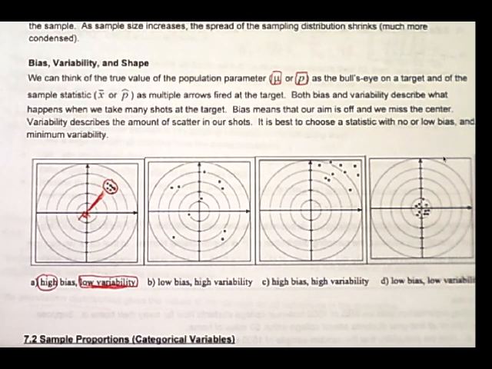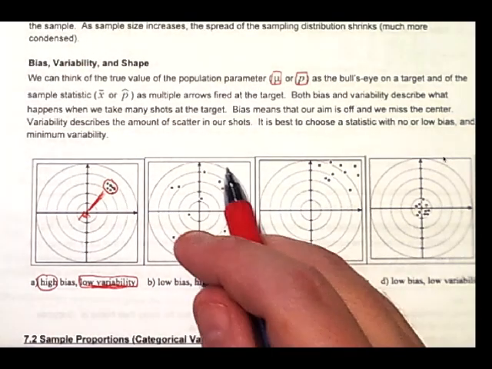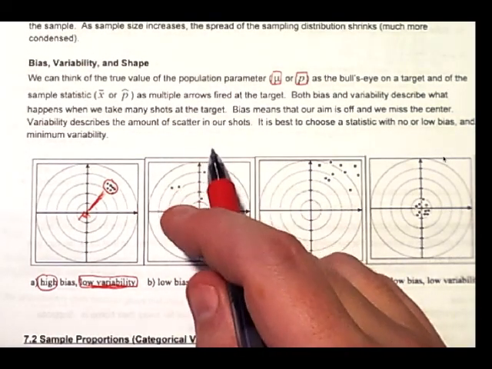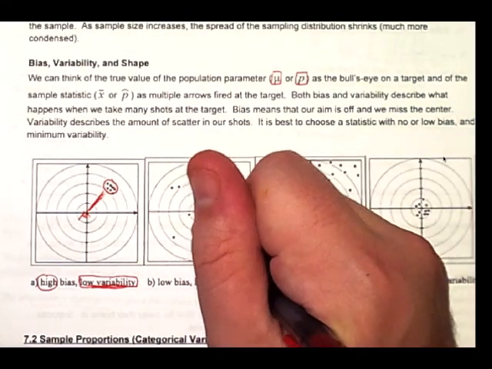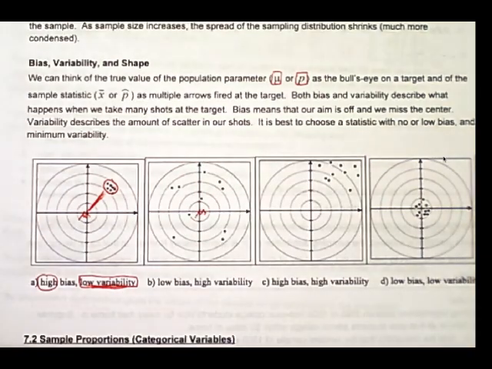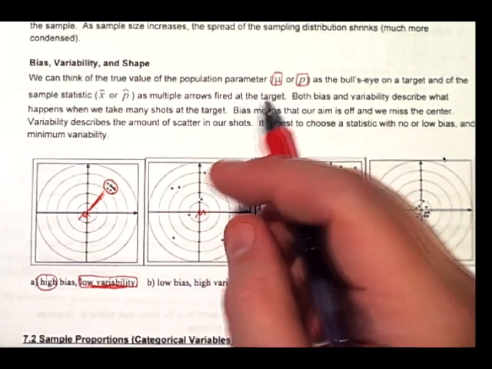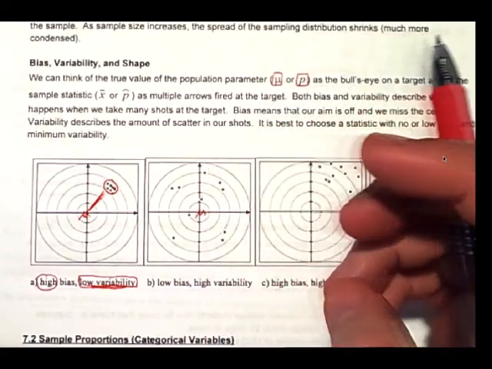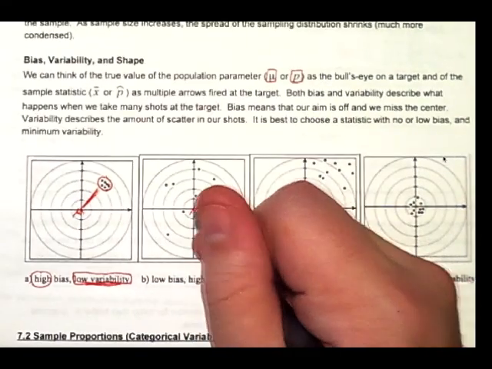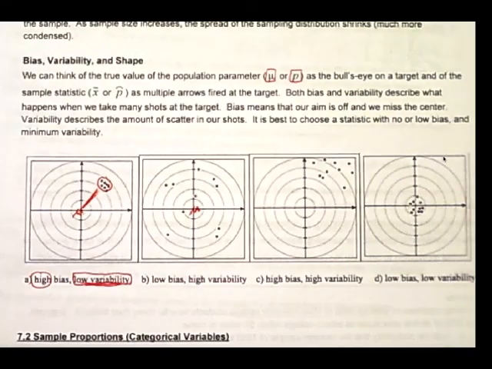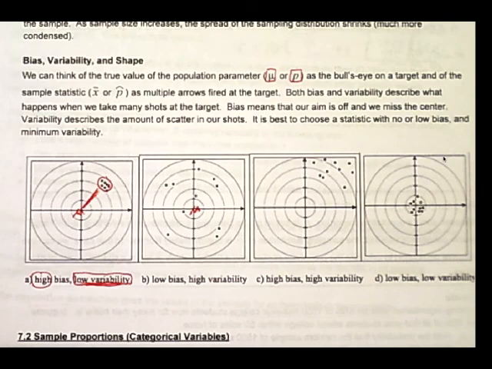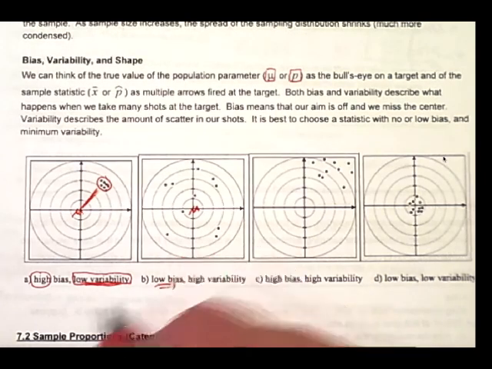Now, in example B, if you think about all these different points, they are really centered around there. You're kind of all over the place, but if you were to pull all those points to some central value, it would be really close to the center of the bullseye. So that's why this one has low bias.